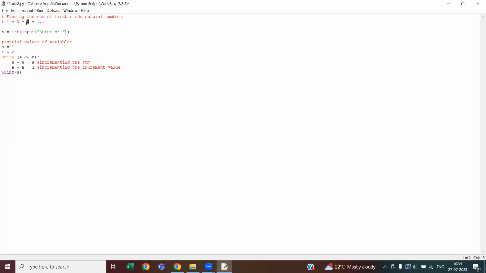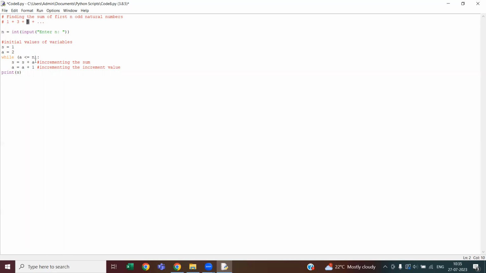So if you see, the last term is always 2n minus 1, right? This is something that you'll have to figure out based on what pattern your series is following. You'll have to figure out what the last term of your summation could be. And when you get that, then your problem is solved. So for us, the last term is 2n minus 1.